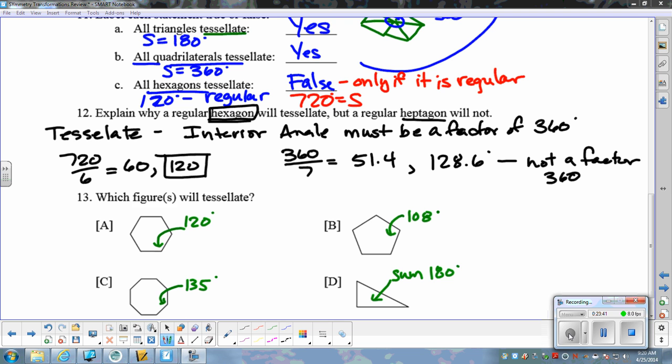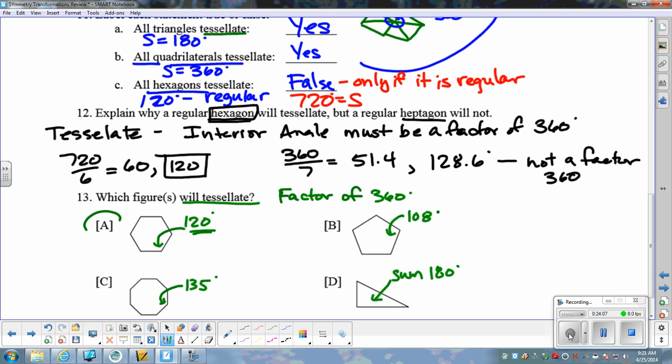Okay, taking a look at number 13, I went ahead and listed what each individual interior angle would equal of these regular polygons. Remember, in order for it to tessellate, the interior angle needs to be a factor of 360 degrees. So if I were to take this number and divide it into 360, if it goes in wholly, then it will work.